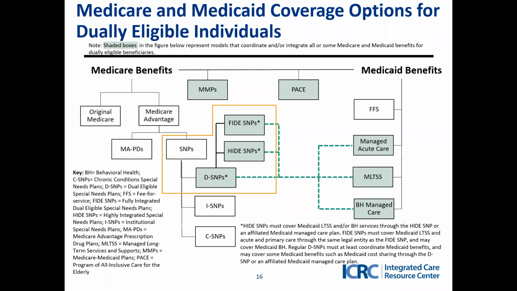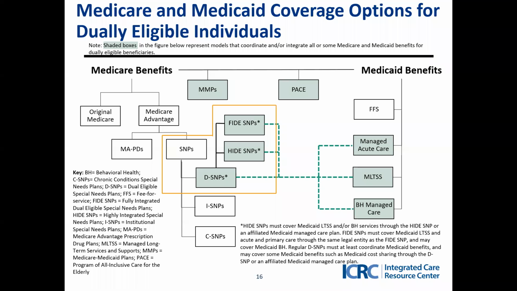In their most integrated form, fully integrated D-SNPs can often operate similarly to Medicare Medicaid plans and PACE organizations, which are two other fully integrated options for dually eligible individuals in some states. You can see those two options at the top of this slide. MMPs operate under a single contract and receive a blended payment from CMS and states through demonstrations under the Financial Alignment Initiative.